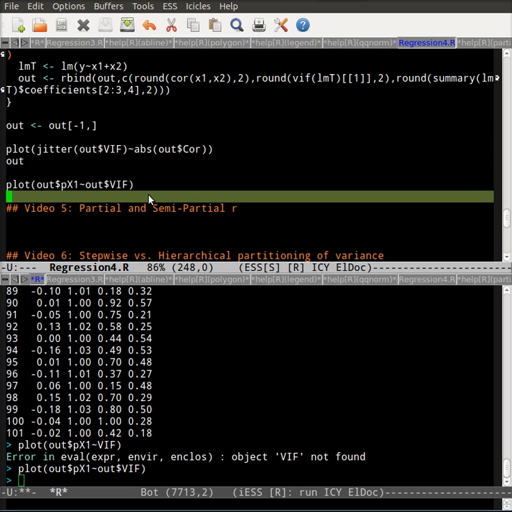So let me rephrase that. VIF only becomes relevant when we fail to reject the null. When we fail to reject the null, meaning our p-values are greater than 0.05, we should start looking at VIF. And in particular, we should start looking at the correlation among our predictors.